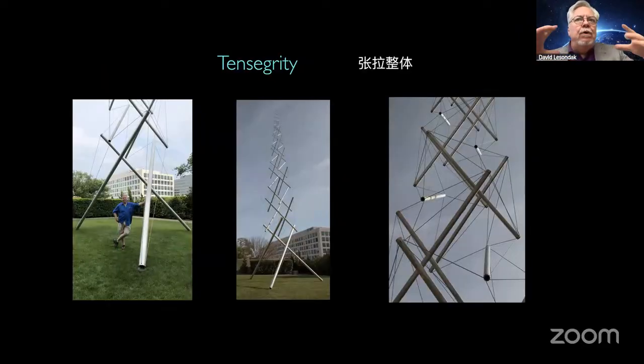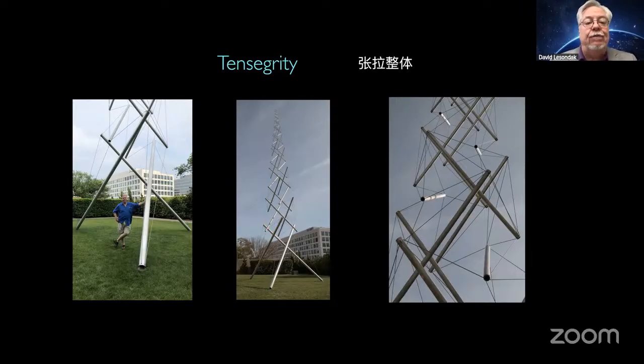But when you look at the body this way, it brings us to a different model for biomechanics, that we are not a series of levers and pulleys and hinges and doorknobs. We are what's known as a tensegrity structure. So there's me in Washington, D.C., standing under the Needle Tower, which I want to say is 60 meters tall. It's big, it's tall. It is freestanding on the ground.